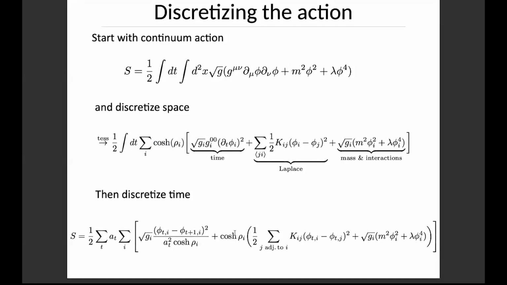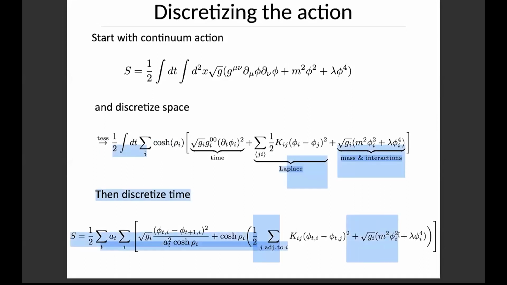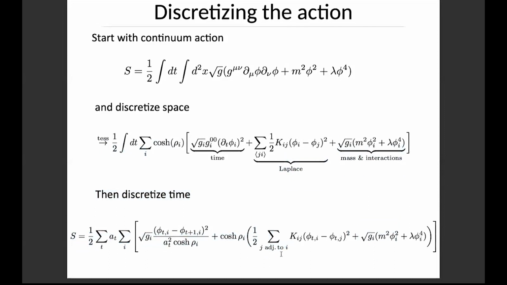And then we explicitly see in this term right here, this is the two-dimensional case multiplied by this cosh rho_i factor. And then we have the time component over here, which is also inversely multiplied by this cosh rho_i factor. So there's a warping not only of the spatial component, but there's a warping of the time component, and they're inversely warped, so to speak.